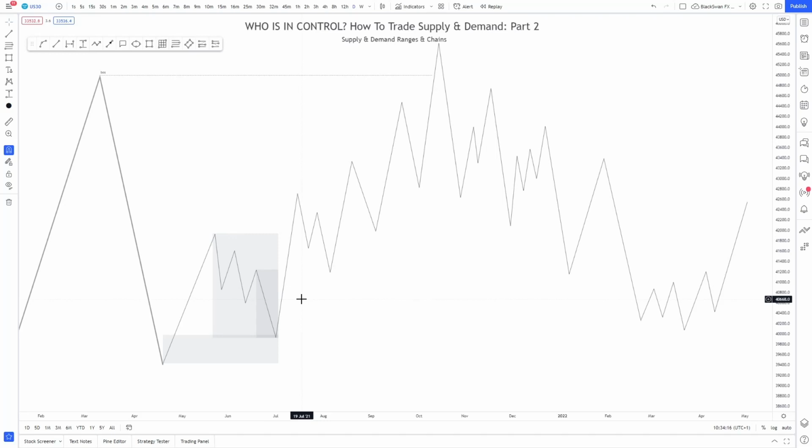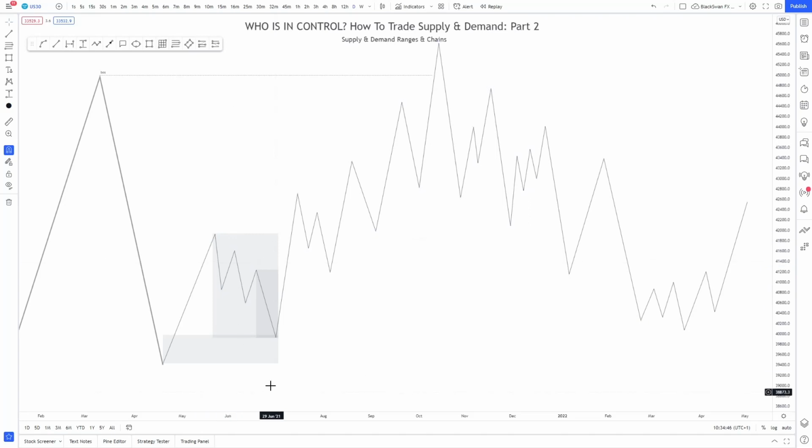This could be a 13M demand zone or a 7M demand zone, or something. Price and time are not aware of each other. So when orders are being filled at pricing levels, they're not concerned about the time frames and the next 1M candle. What we get is an illustration of how price has behaved at different pricing levels.